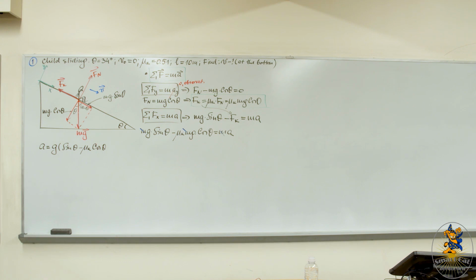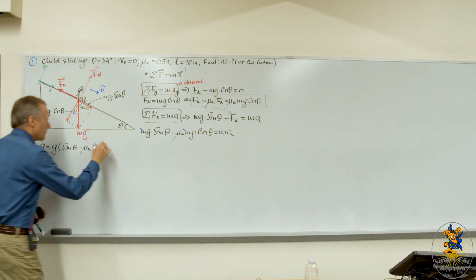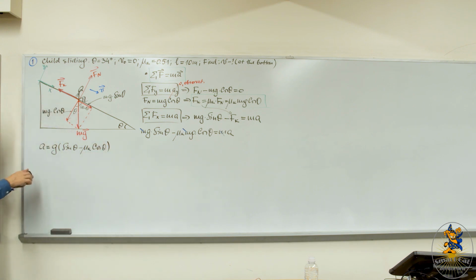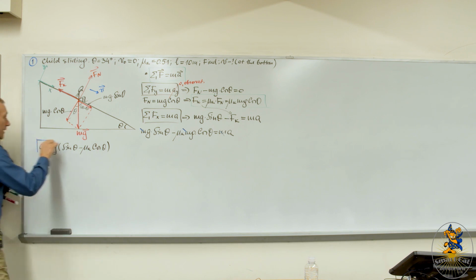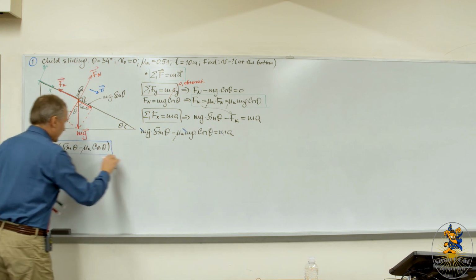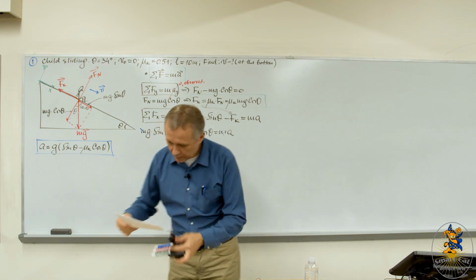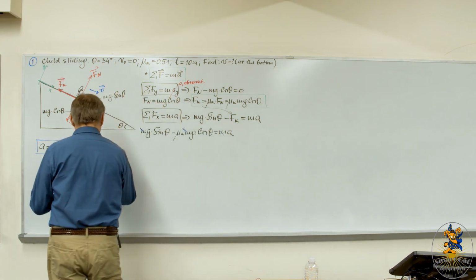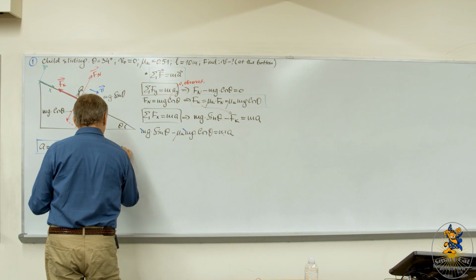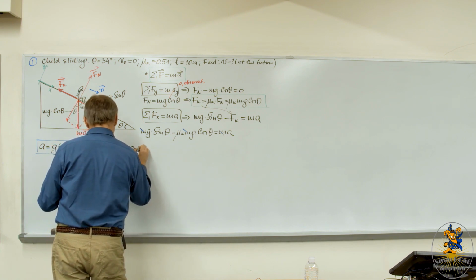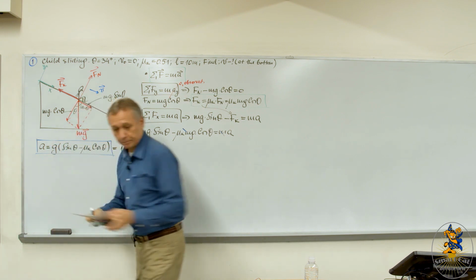That's it? Yeah, nothing else. Okay, so that's the acceleration. But again, it's not the final result. Numbers are given. You can plug them in, and you will get 1.37 meters per square second.